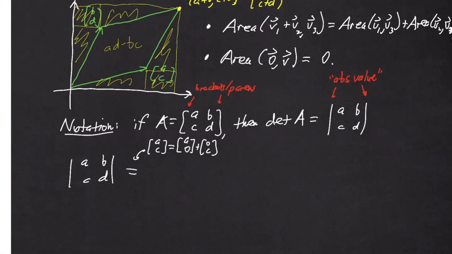I want to think of that as being like the V1 plus V2 up above in that area formula.